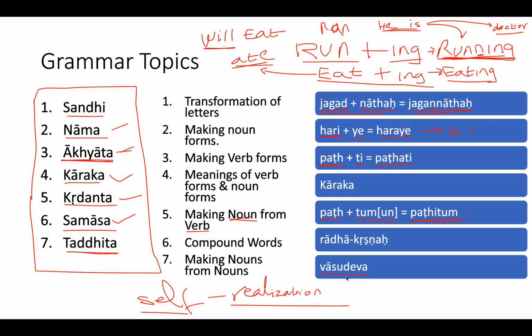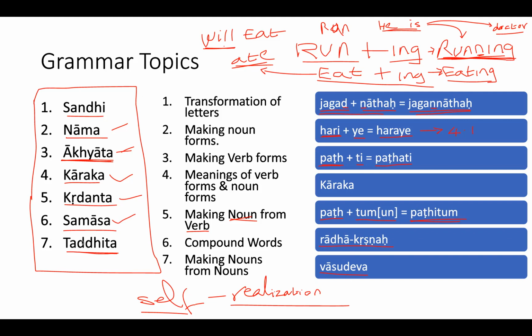Vasudeva is also a noun. Vaasudeva is also a noun. The compound word example is Radha Krishna. Like that. So these are the 7 topics we are going to learn in Harināmāmṛta Vyākaraṇam. These are the 7 topics which are taught in other grammar systems as well.